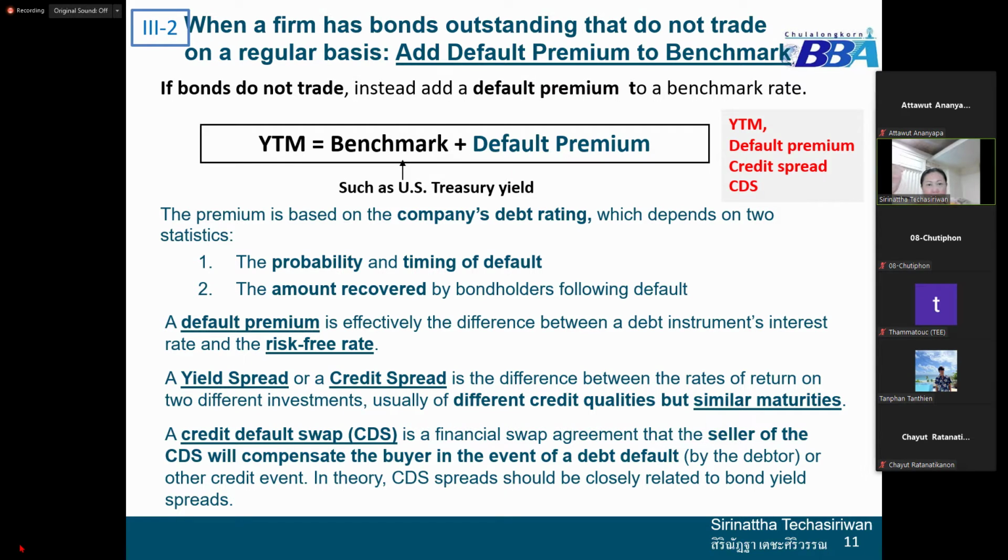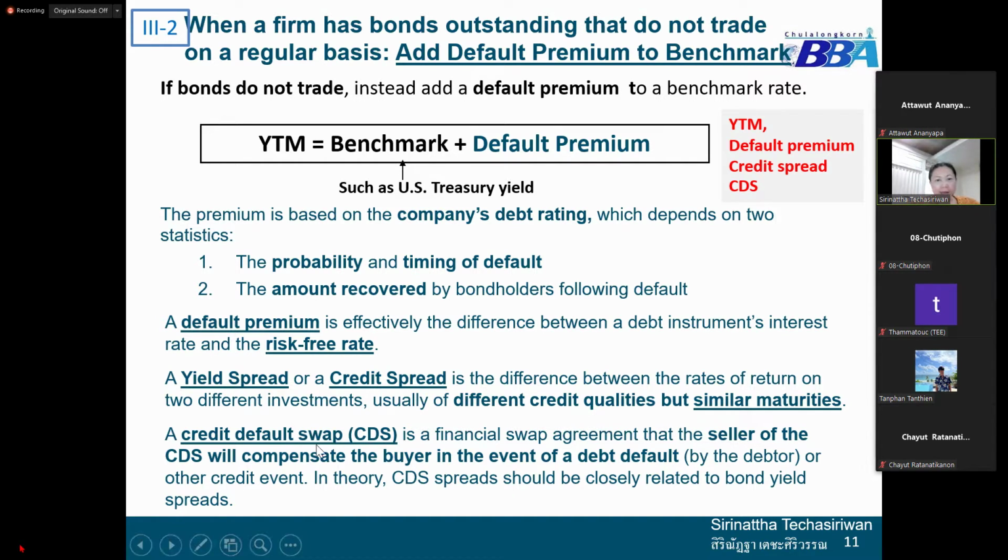For example, the credit spread between a 5-year AAA rated bond and a BBB rated bond. Default premium is the premium over the risk-free rate. Credit spread is the spread between different credit rating papers that have similar maturity. It can be the credit spread between BBB and AA, or BBB plus and BBB, and so on.